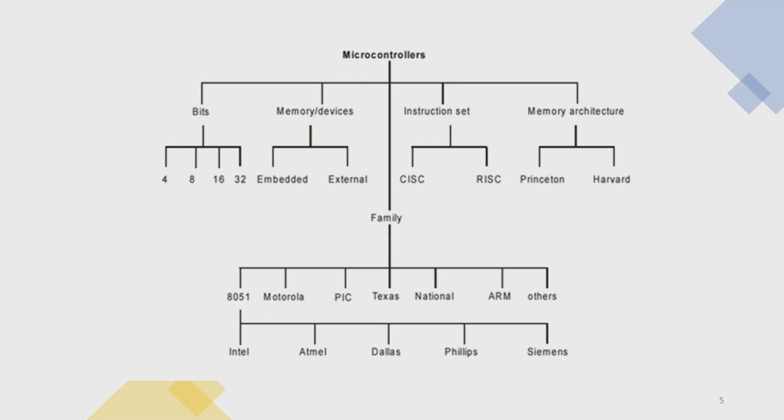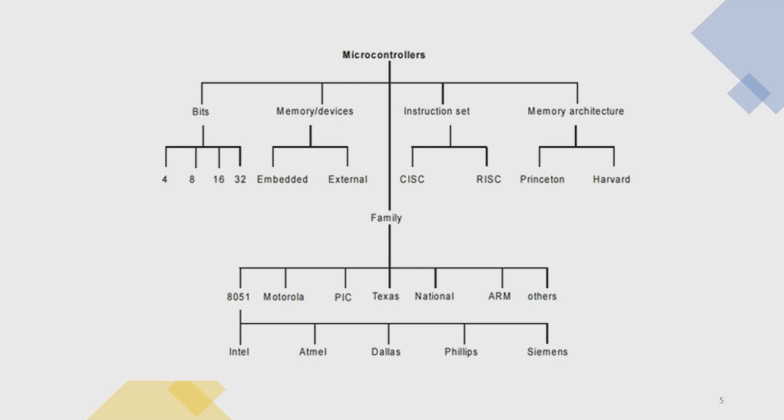In the case of memory devices, there are two categories, embedded and external. When it is external memory, all the special functions we discussed earlier in the previous slide are connected as peripherals.